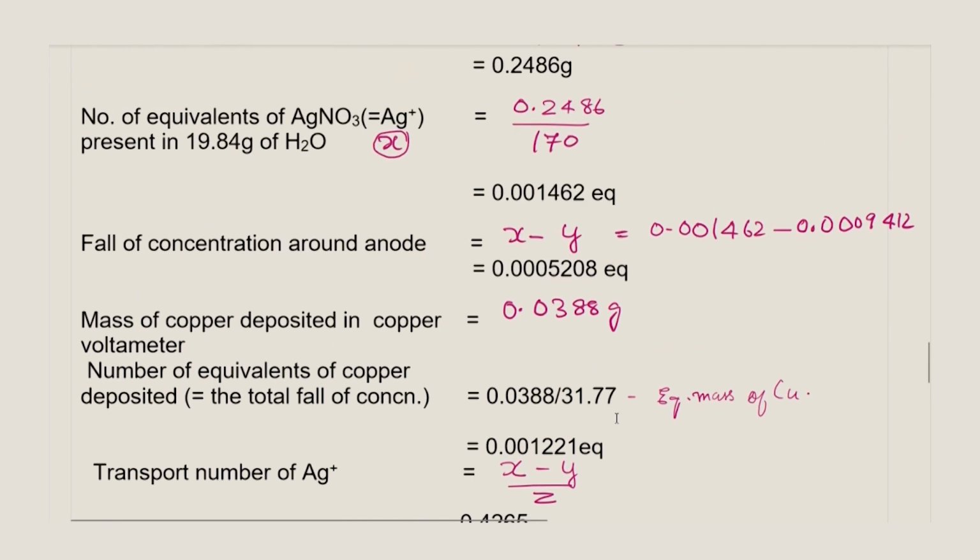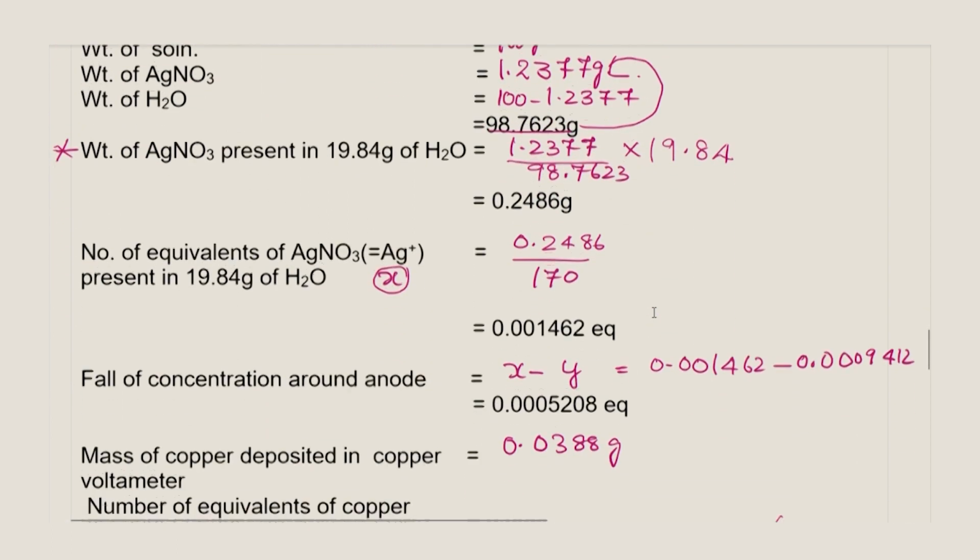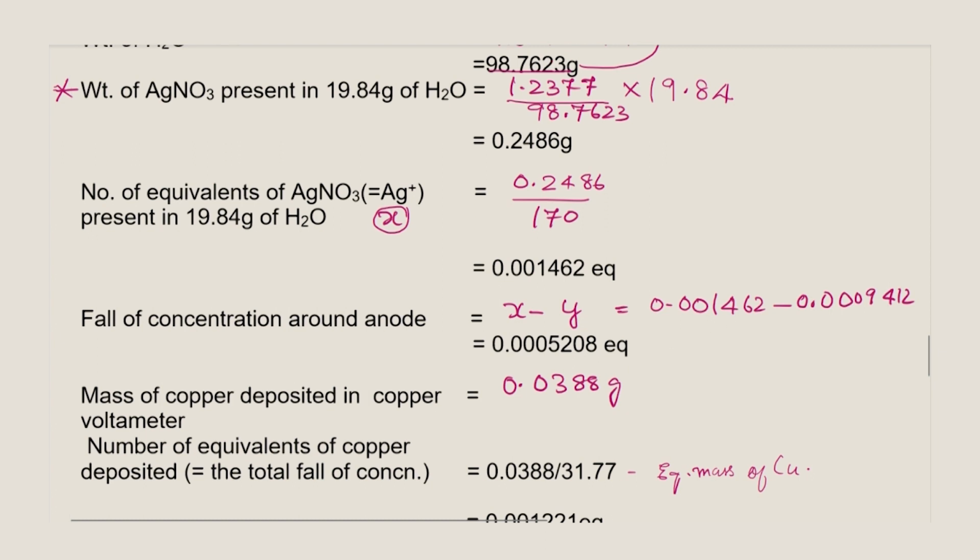X is number of equivalents of silver nitrate present in the electrolytic solution before electrolysis, that is equal to 0.001462, and y is the number of equivalents of silver nitrate, which is equal to silver ions in the electrolytic solution after electrolysis, that is equal to 0.0009412.